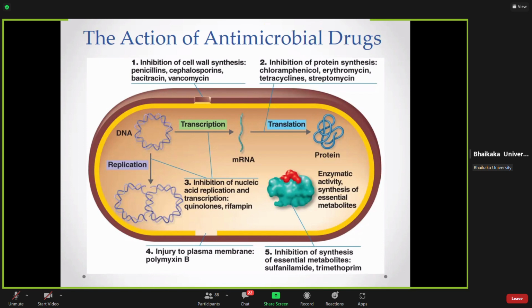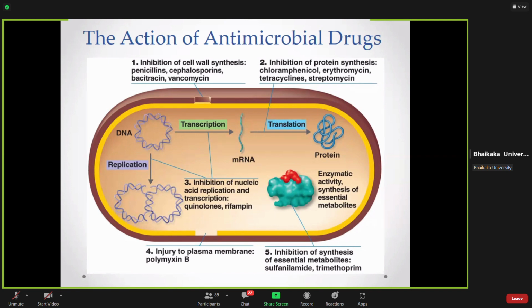We can also have transcription, which will derive mRNA from the DNA genetic material of the bacteria. So that is producing mRNA. We can have proteins out of mRNA through the procedure of translation. That is also carried out by certain enzymatic activity.